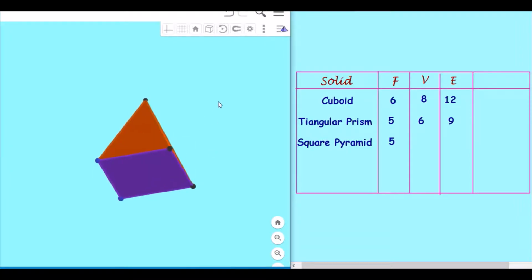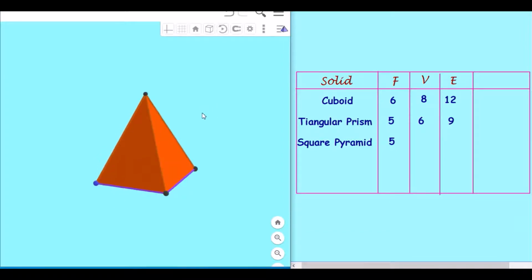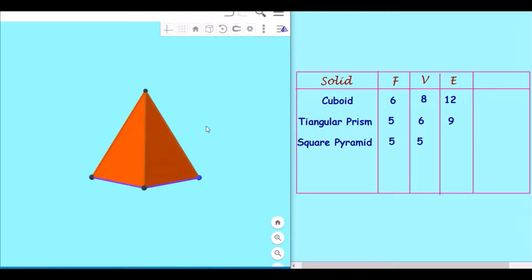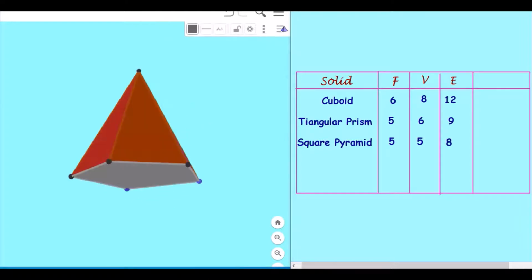Here it is 1, 2, 3, 4, 5. So total 5 vertices are there. Now what about its edges? Here you can see 1, 2, then 3, 4, 5, 6, 7, 8. Total 8 edges you can see.